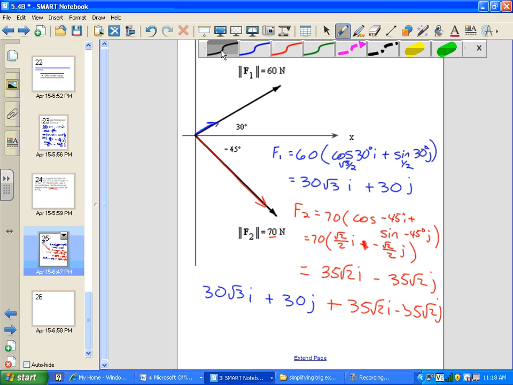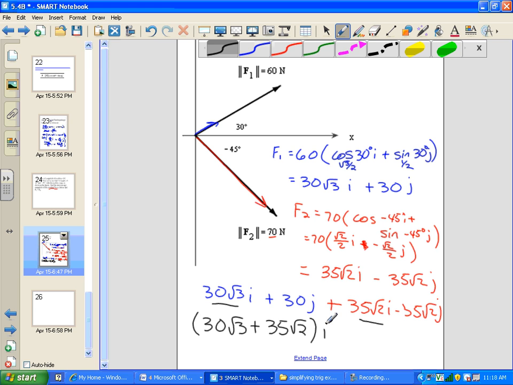So what we have to do is add the components, right? Add the i components and the j components. Now, can we actually add those together? No. So the way we write it is as something times i. So we do 30 square root of 3 plus 35 square root of 2, times i. Does that make sense?